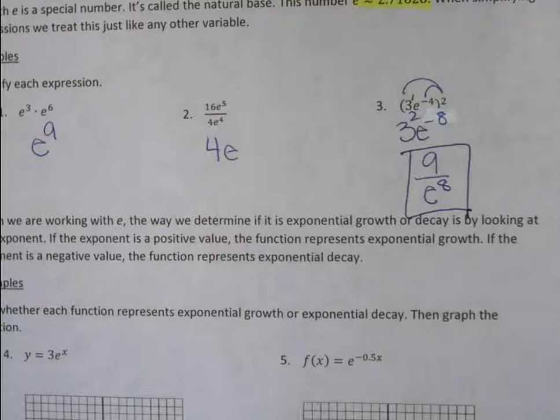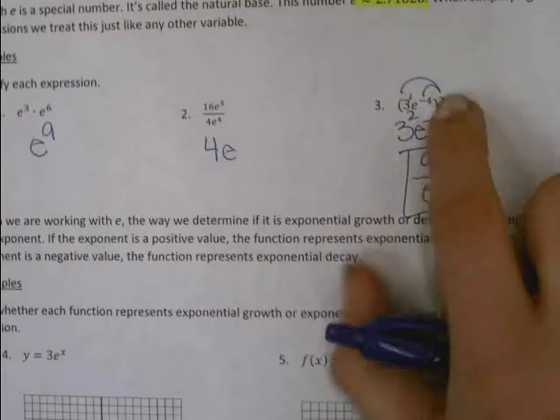It has a secret exponent of 1. And then I multiply the 1 by 2. The exponent stands for how many 3's I have. I have 1 3. Negative, you make it a fraction. The whole equation. There's always secret exponents of 1 if it's not written. 2 times negative 4.